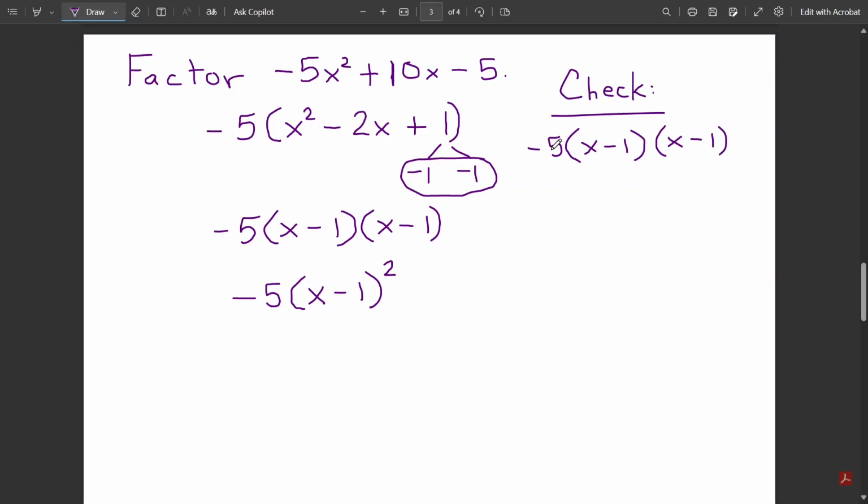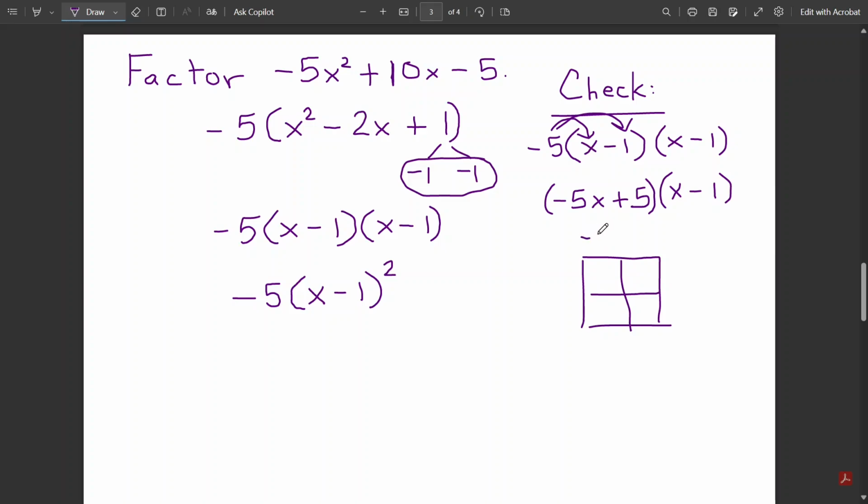And let's see. I'm going to do negative 5 times x. That's going to give me a negative 5x. I'll do negative 5 times negative 1. That's going to give me a positive 5. And then we're still multiplying by x minus 1. All right, so let's do the Punnett square here. So I have negative 5x and 5. We have x and negative 1.